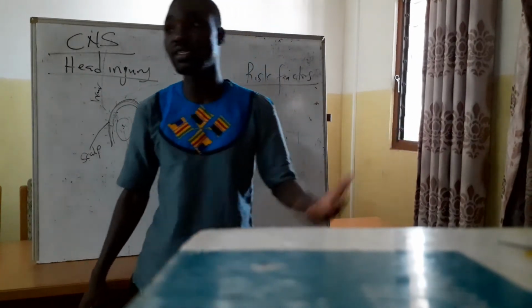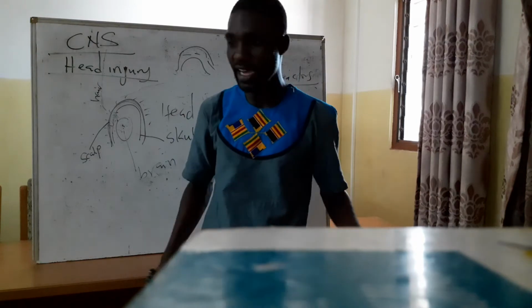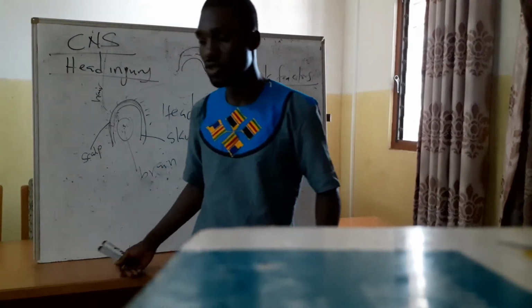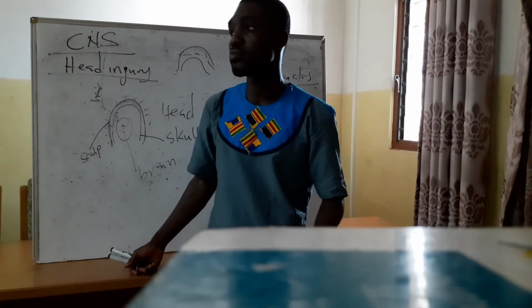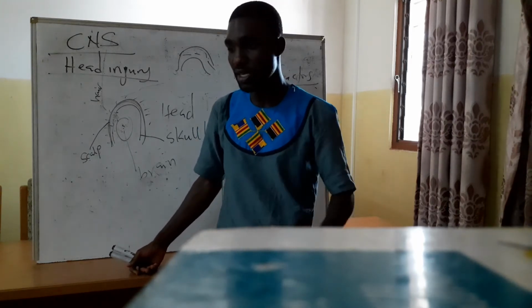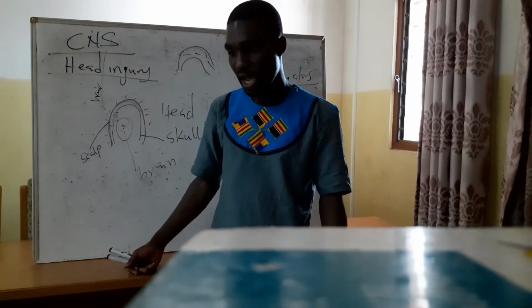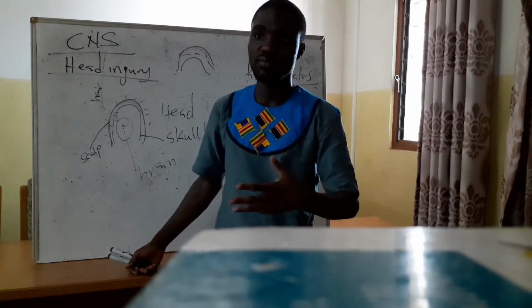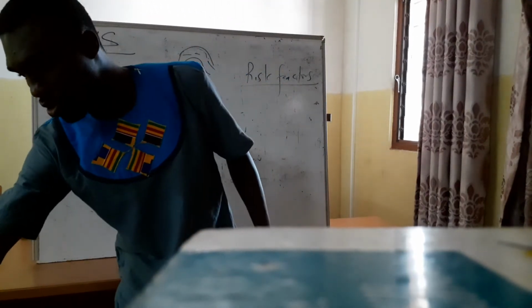Probably being attacked by robbers or engaging in a fight, etc., can also result in head injury. Or somebody through a gunshot or anything can result in head injury. And then a fall, right? A fall from height, etc., can also result in head injury.